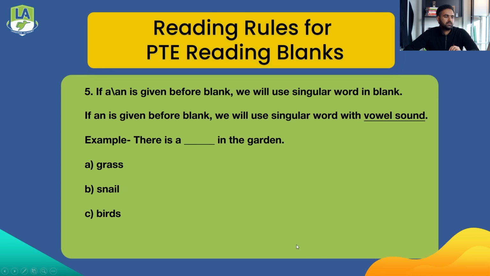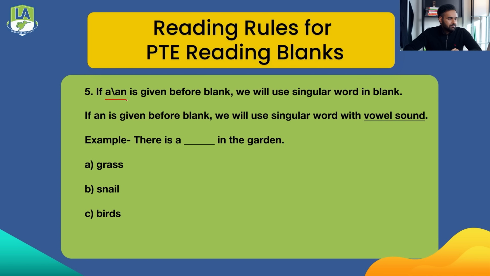Rule number 5, this is a super important rule and I really want you to pay attention. All of you know this rule subconsciously, in the back of your head, but you don't really apply it when it comes to reading passages. Please understand this carefully. This may sound simple and straightforward, but the majority of you make this mistake.